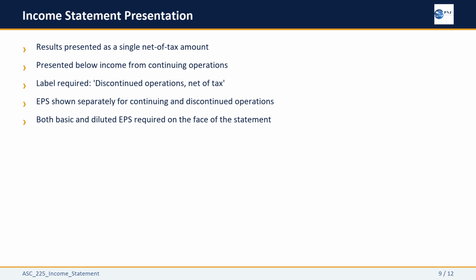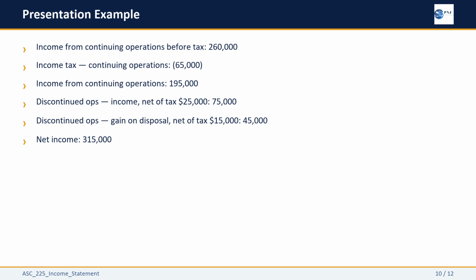You cannot bury it in operating expenses or blend it into other income. Earnings per share must also be bifurcated. Basic and diluted EPS for continuing operations, and separately for discontinued operations, both appearing on the face of the income statement per ASC 260-10-45-3.